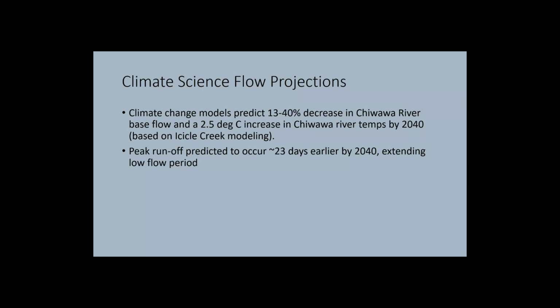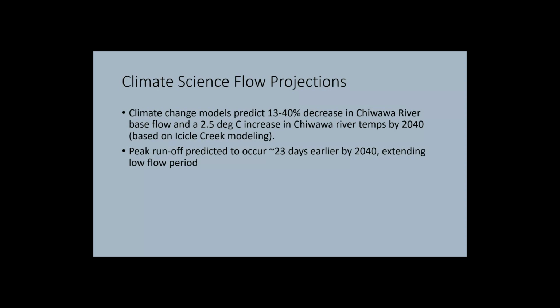And then just recently, like in the last couple months, Ecology's Office of the Columbia River came out with the Columbia Basin long-term water supply forecast, which also includes an in-stream flow projection.